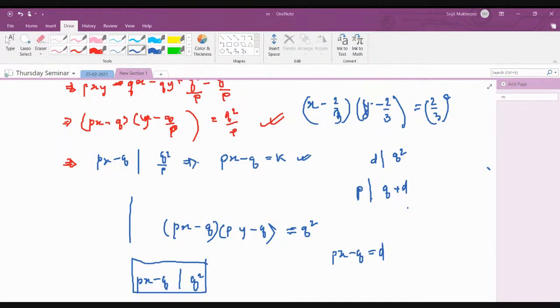Okay, so px minus q is equal to some d, which is a divisor of q square, and therefore px is equal to q plus d. Okay, that's good, really. So p divides q plus d for some divisor d of q square. This makes sense.